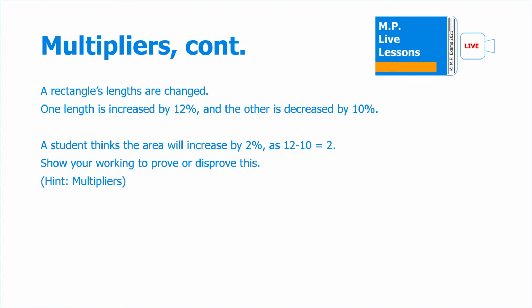So for example, we've got a rectangle. The area is length times the width. So we've added 12% to the length and then we've taken 10% off the width.